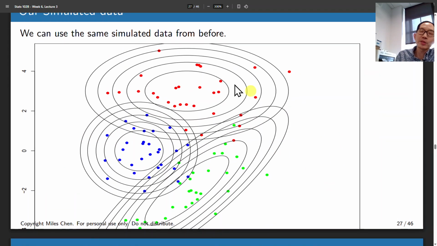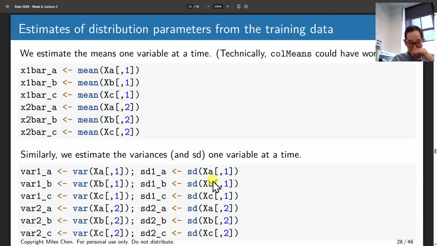So if this is our multivariate normal, we have covariance, okay? In our example, the red and blue actually were independent, but as far as the green, x1 and x2 have covariance. When we estimate it using our training data, basically I'm just going to take column 1 of our red observations and get the mean of column 1.